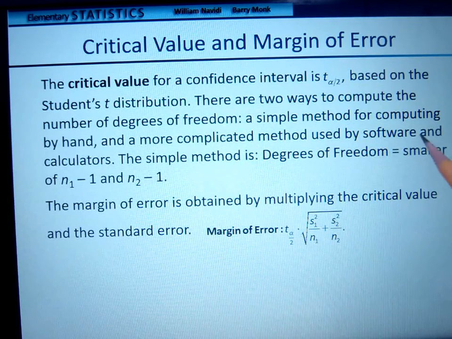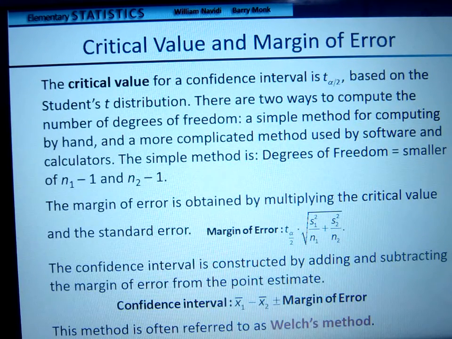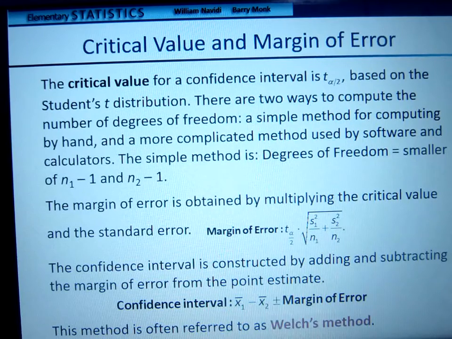So let's just try to logically look at what that is. The confidence interval is constructed by adding and subtracting the margin of error from the point estimate. So you take the difference between the two means, and add or subtract the margin of error. This method is often referred to as Welch's method, I'm sure named after the mathematician Welch.